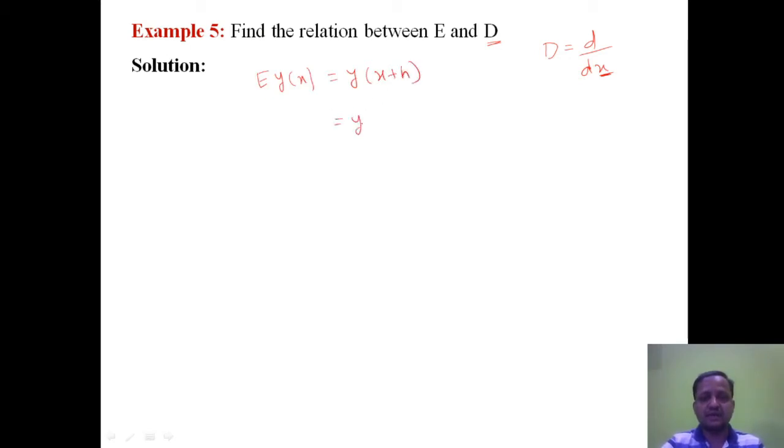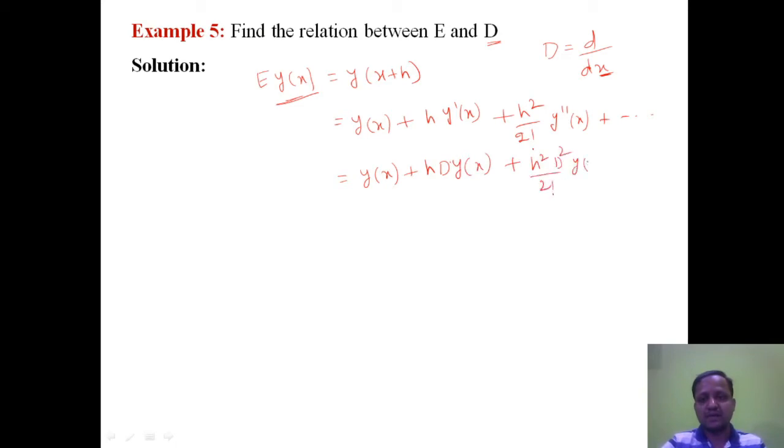Using Taylor series, you can expand y of x plus h into y of x plus h times y dash of x plus h squared factorial times y double dash of x, and so on. Left hand side y of x plus h, here y dash is nothing but d by dx of y. Similarly, you can write d square by dx square of y, with h square by 2 factorial.